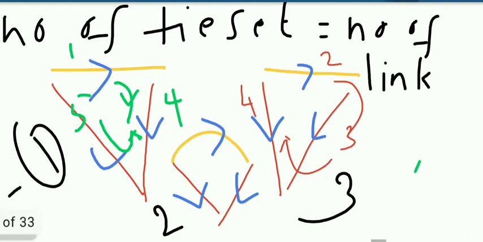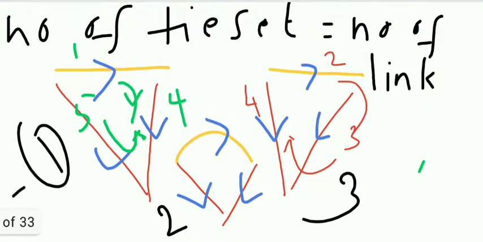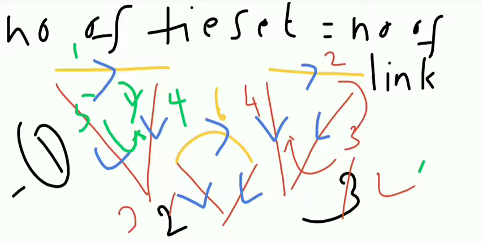Next, this one. I assume this is tie-set 2 or tie-set 3. Anyway, you can take either. Here I have taken this as tie-set 2. This is tie-set 3 in the matrix, so I change. So tie-set 3: this is 6, this is 3 and this is 5.